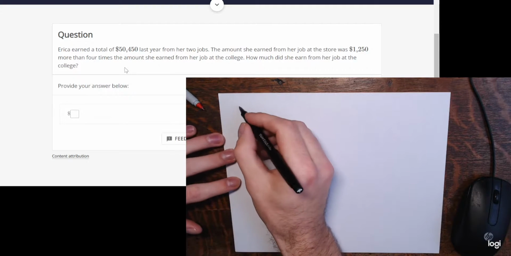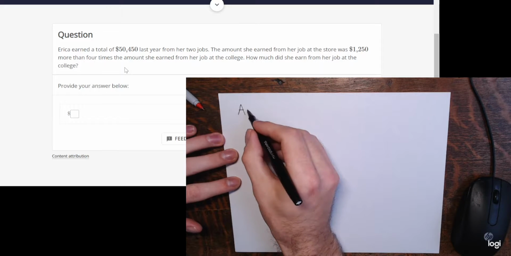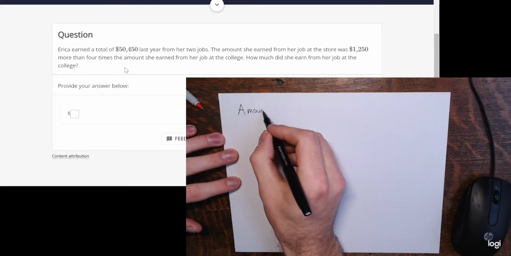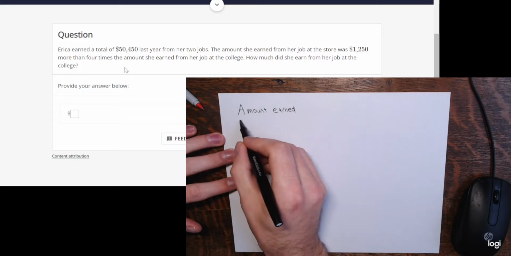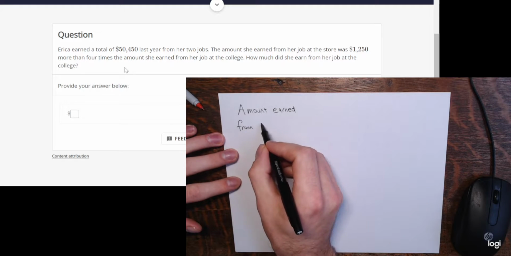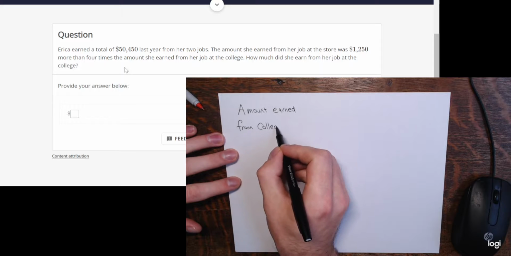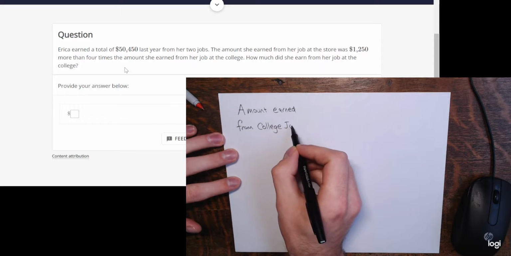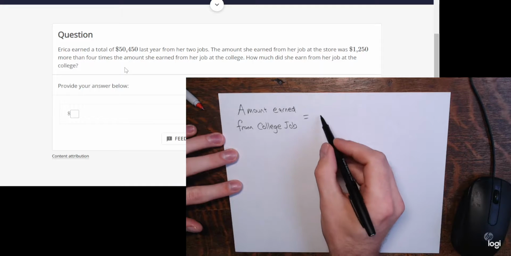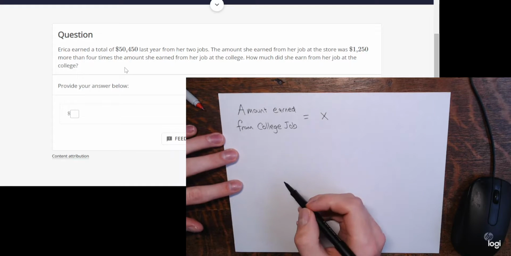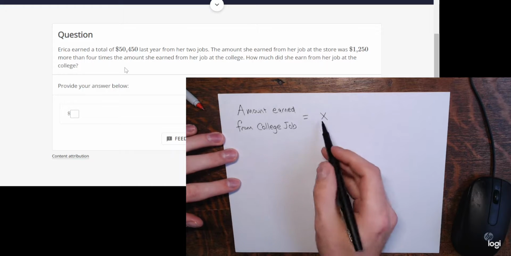So the amount earned from the college job is the unknown here. So I'll just call that x again. I'll use x a lot. Or you can call it C for college, whatever you want.